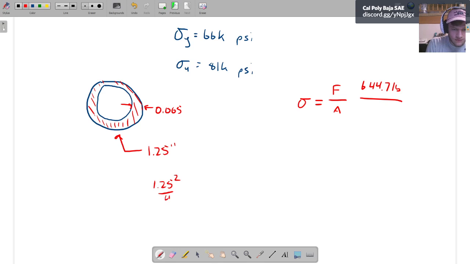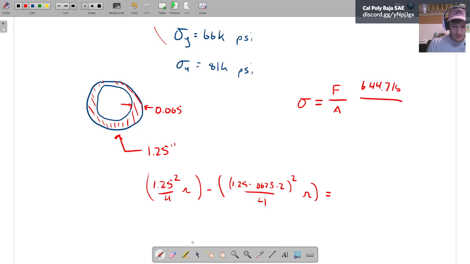So let's see. That's the outer circle minus the inner circle, which would be 1.25 squared minus, oh sorry, that should be 0.065, not 0.0625, times 2, squared, that times pi over 4.